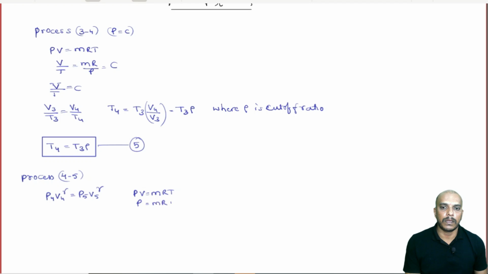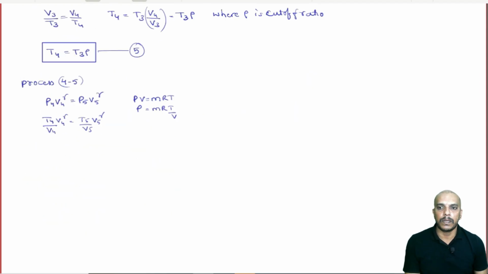So, MRT by V, and we know that T4 by V4 power gamma is equal to T5 by V5 power gamma. So, that will be T4 V4 power gamma minus 1 is equal to T5 V5 power gamma minus 1, alright. Therefore, T5 can be written as T4 times V4 by V5 whole power gamma minus 1.